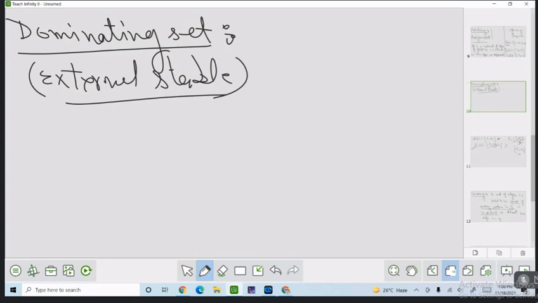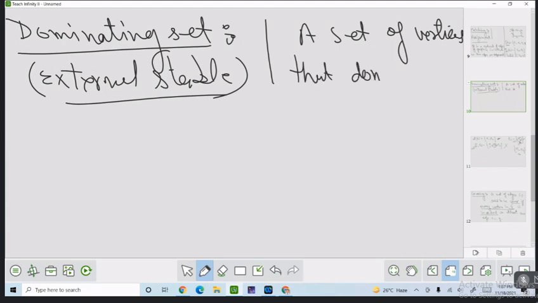Okay, I'm writing the definition. A set of vertices that dominate every vertex.